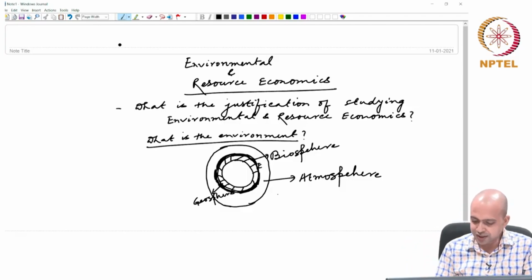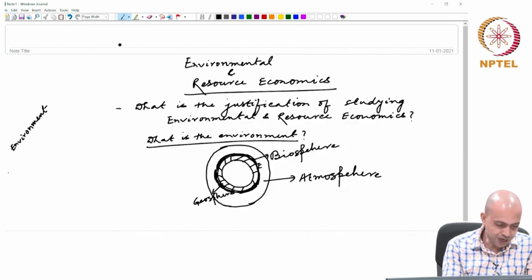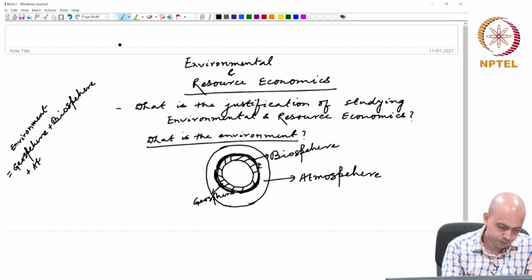So, when I say environment, you will understand it is basically the summation of geosphere plus biosphere plus the atmosphere.